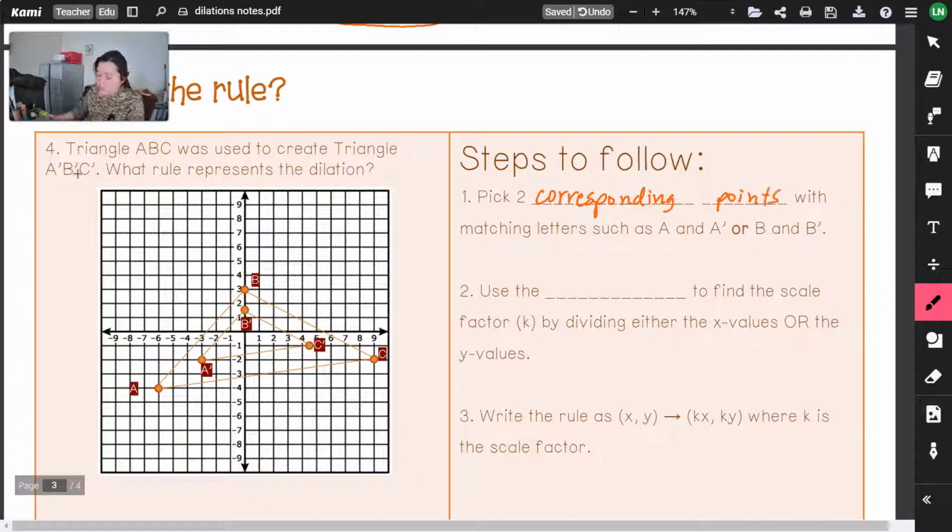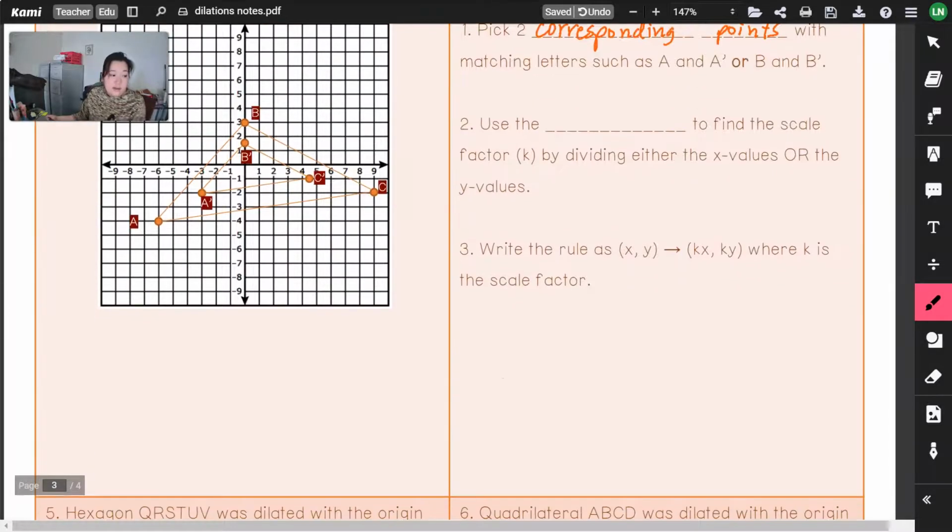These corresponding points need to have matching letters. So A and A prime, or B and B prime, but don't try to go from A to B prime because you will get something very weird. In this one, let's use A and A prime. First thing we need is our coordinates. The strategy is that the new one is divided by the old one.